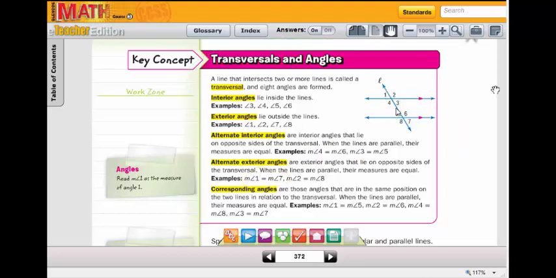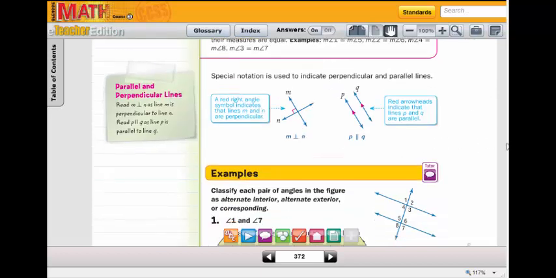Another thing I want to talk about is this piece right here: special notation for perpendicular and parallel lines. This is how we write perpendicular lines, and what perpendicular means is that they meet at a 90-degree angle, and that's what this red symbol here is for, to show they're at 90-degree angles. So we would say that line M is perpendicular to line N in this way here.